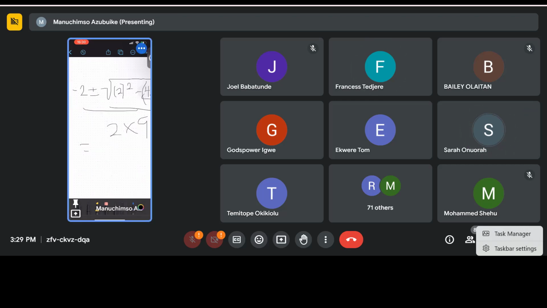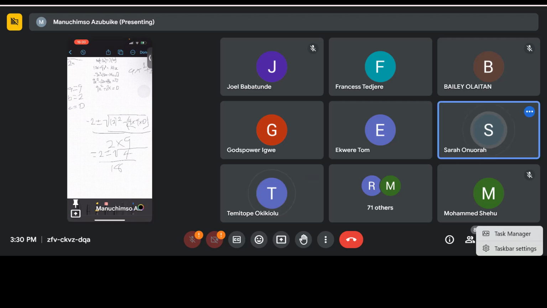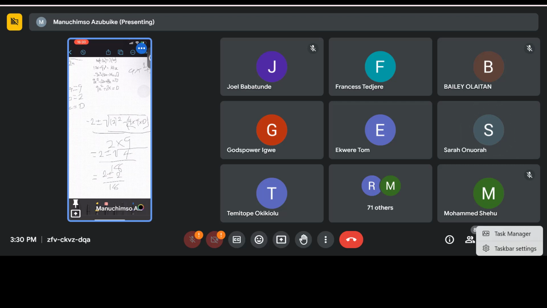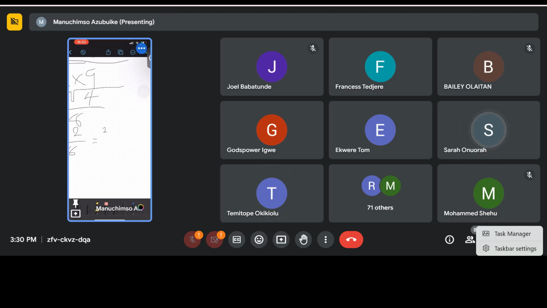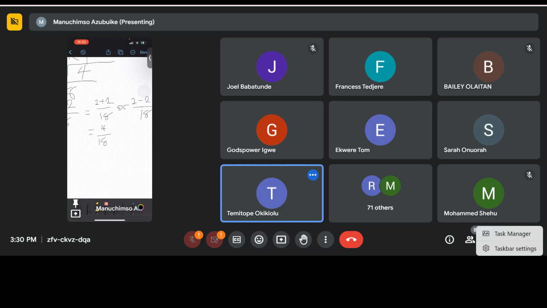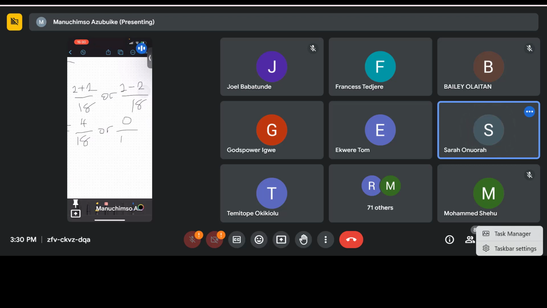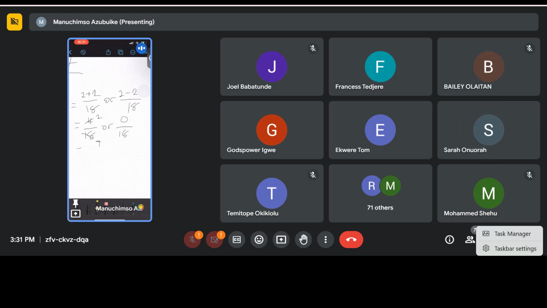So this is now going to be equal to 2 plus or minus the square root of 4, all over 18, which is equal to 2 plus or minus 2 over 18, which is equal to 2 plus 2 over 18 or 2 minus 2 over 18, which is equal to 4 over 18 or 0 over 18. 4 over 18 cancels up to 2 over 9.